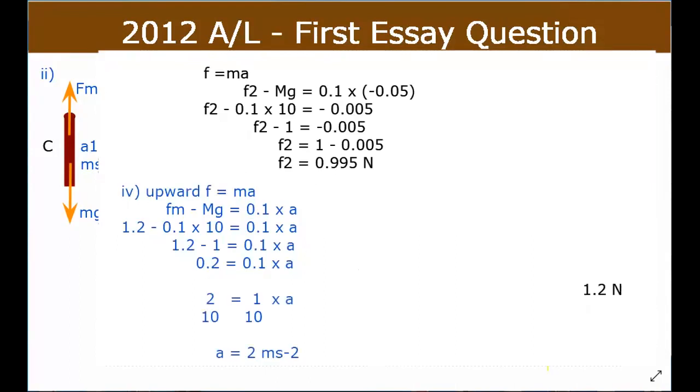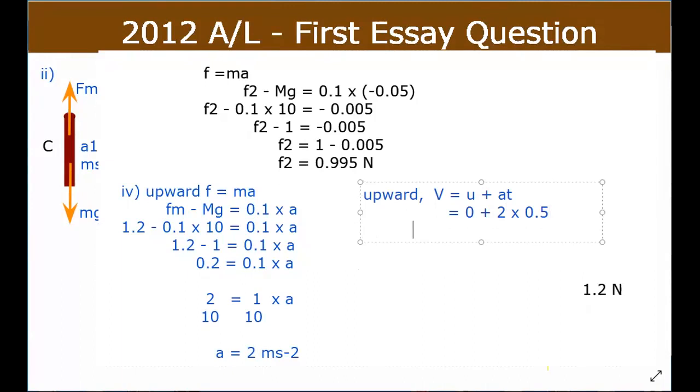Yes, V equals U plus AT. Very good. In the upward direction, apply V equals U plus AT. It starts from rest, so the initial velocity is 0. Acceleration, we found it as 2. Time taken, they have given it as 0.5.